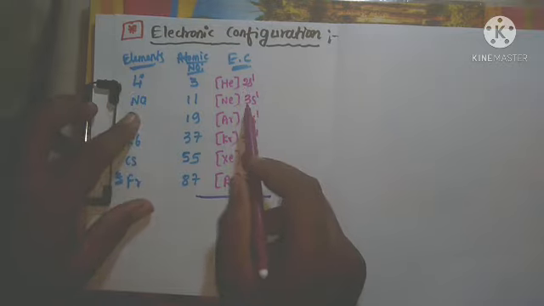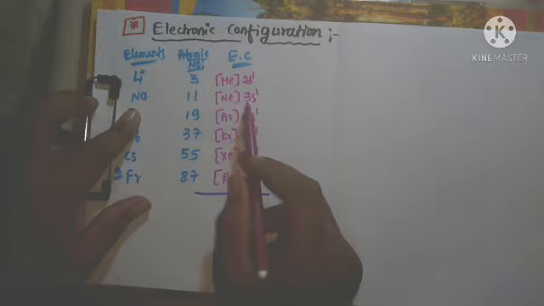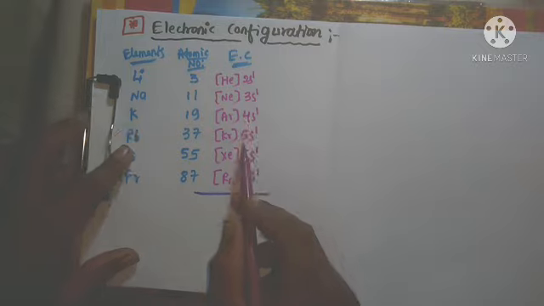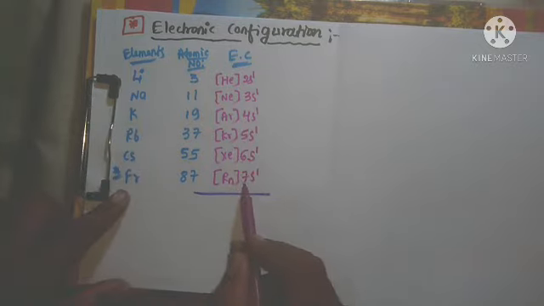Here 3, that is period number 3, n principal quantum number 3, that is equal to the period number. Already in the last class we have discussed principal quantum number equal to the period number, right. Next here n is equal to 4, fourth period, n is equal to 5, fifth period, n is equal to 6, sixth period, n is equal to 7, seventh period.